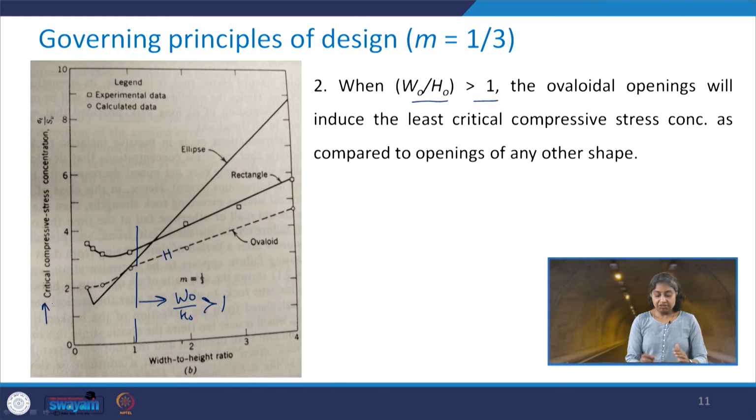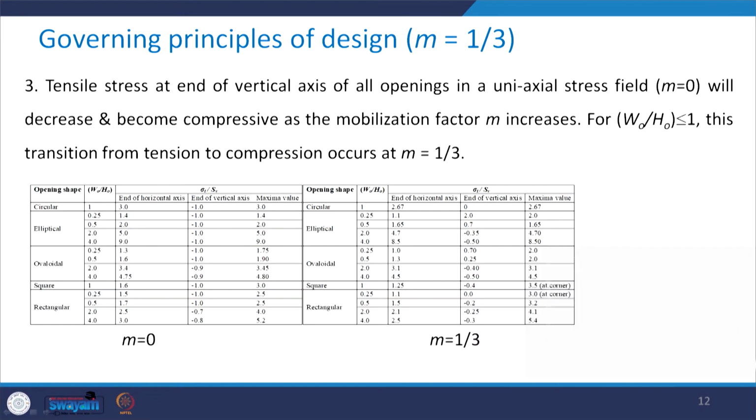So, when we have this type of opening size, then it is better to go for the ovaloidal shape, because it gives you the minimum value of the critical compressive stress concentration factor as compared to the opening of any other shape.